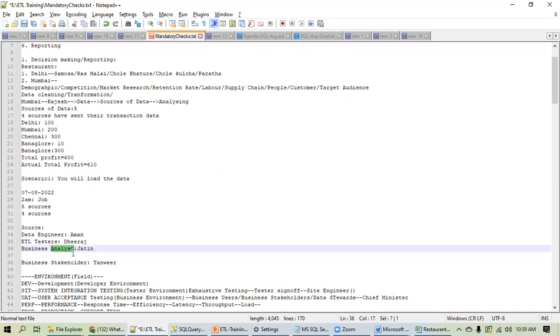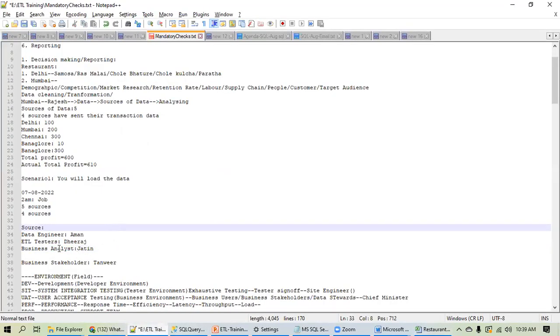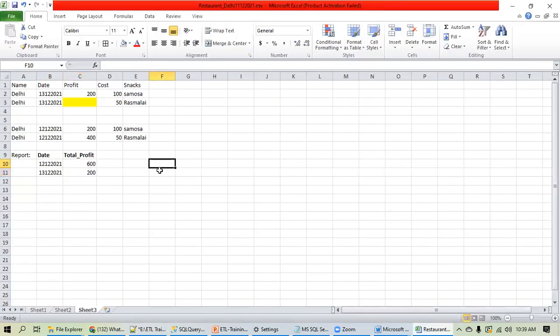But now the question is, whose mistake is this 200? Try to understand this. Suppose Jatin knows SQL and the basic architecture, and he does the analysis. After completing it, Jatin observed that this was not the actual decrease, but happened because on 13 December the restaurant manager missed this number.